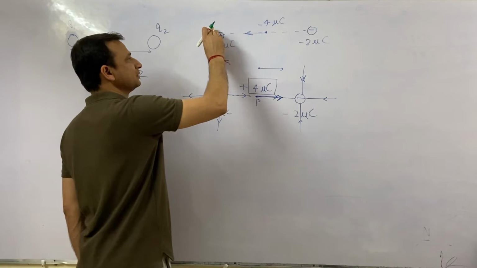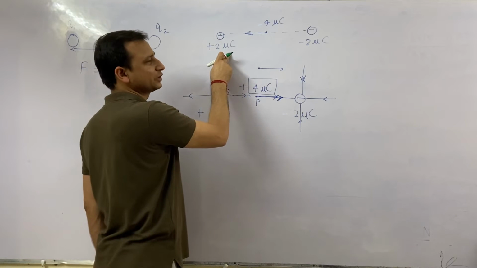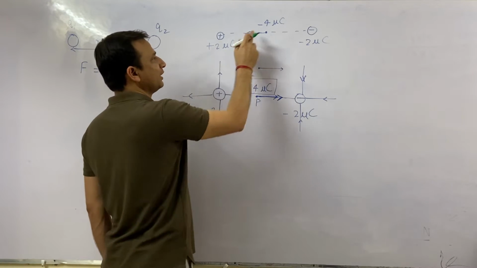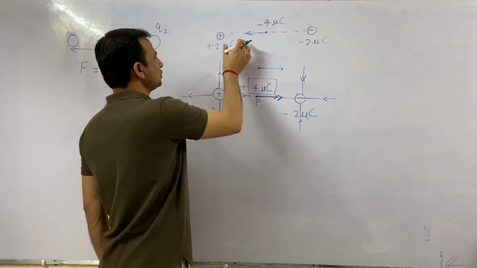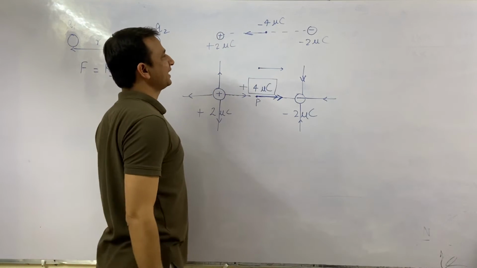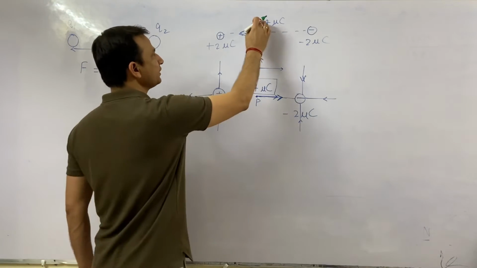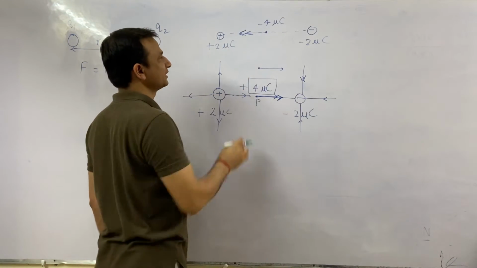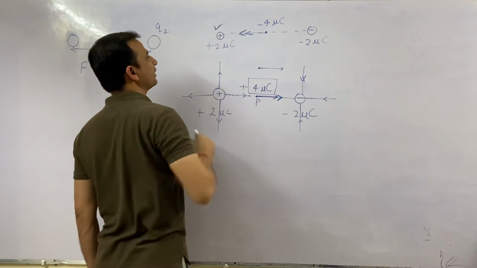Again, the charge which is kept towards the left side is positive in nature, and minus 4 microcoulomb is negative in nature. So positive and negative, they will attract each other. So in this case, the force which is acting on this minus 4 microcoulomb charge is towards the left side because of this plus 2 microcoulomb charge.